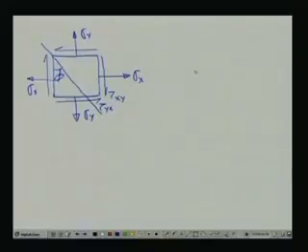So let us examine and find out what physically it means. If I take a cut, let us draw this cut portion's free body diagram.